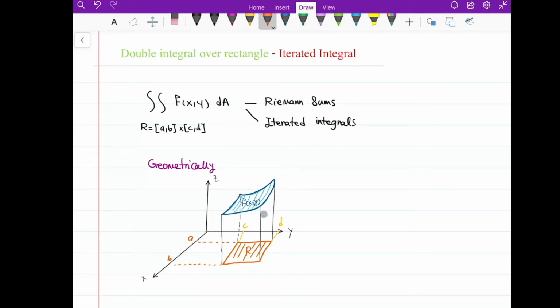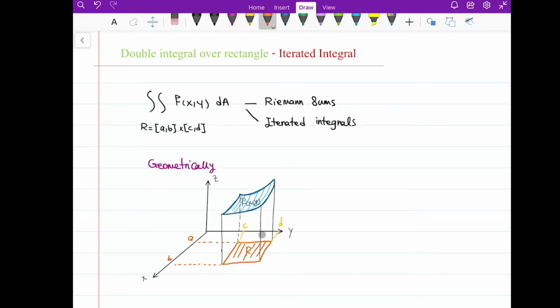Now I would like to say that the double integral we covered before is basically the volume of a solid that is bounded above by the function f, the integrand, and on the bottom is bounded by the region R. So I would like to find the volume of this solid in here.